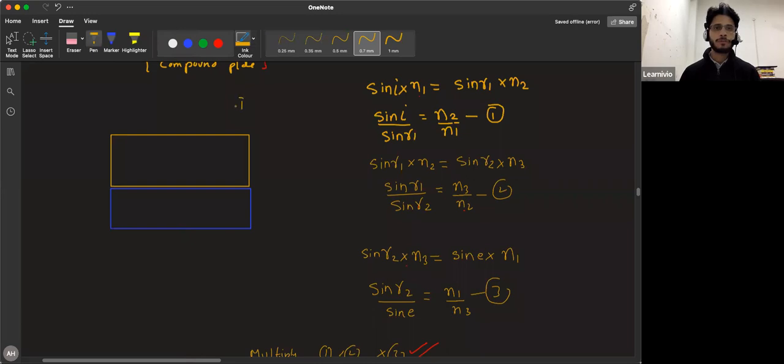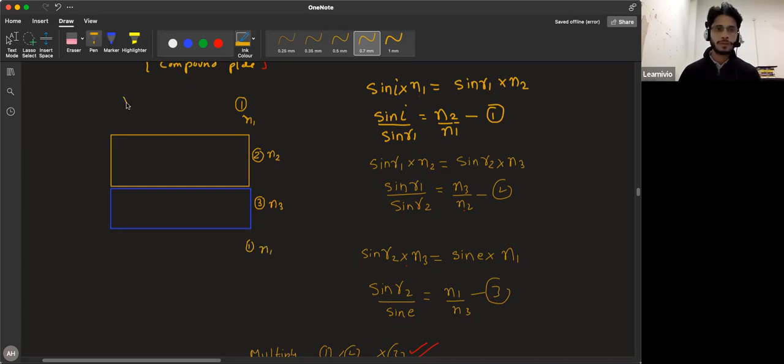Medium number 1, here refractive index is N1. Medium number 2, refractive index is N2. Medium number 3, refractive index is N3. Then again, it's medium number 1, so it will come back to the same.